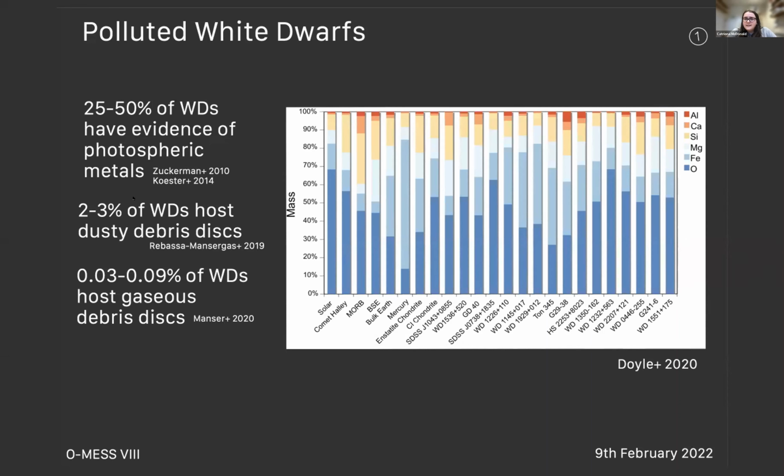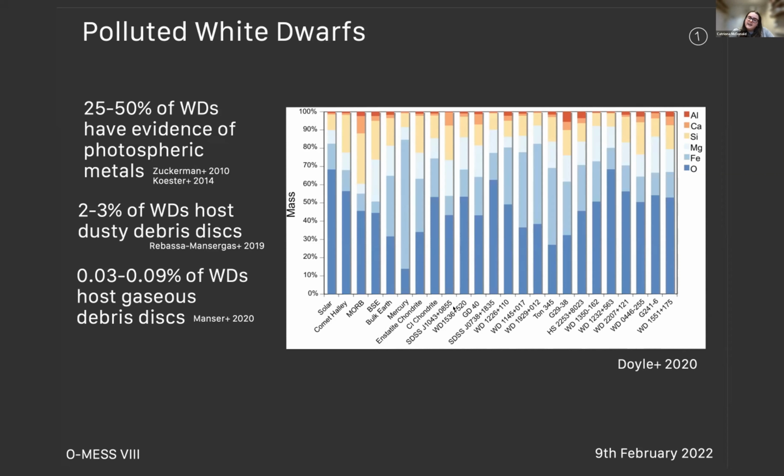We can make some sort of estimates about where this material has come from based on the composition of the material itself. So on the right here, I've stolen a plot from Doyle et al. 2020, which shows the normalized concentration of the 6 major rock-forming elements in the solar system inside 16 polluted white dwarfs, which are towards the right-hand side of the plot, so from here onwards.